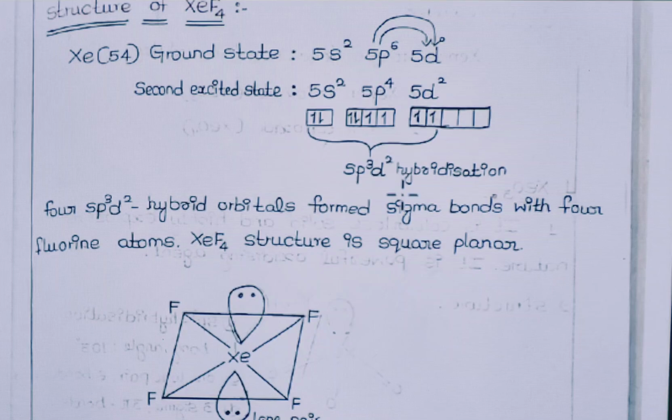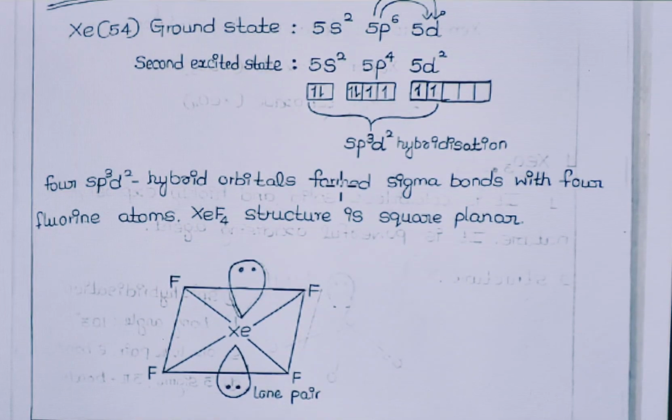When this hybridization happens in xenon, how many hybrid orbitals are formed? 6 hybrid orbitals. Among these 6 hybrid orbitals, 4 have single electrons, that means unpaired electrons, and 2 have paired electrons.